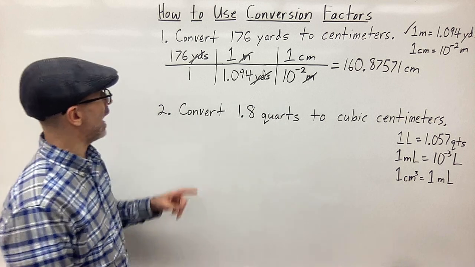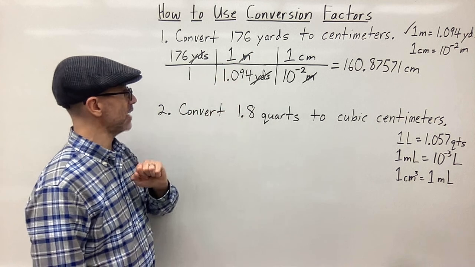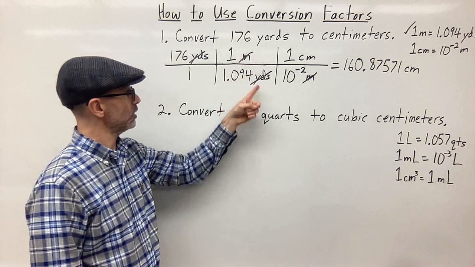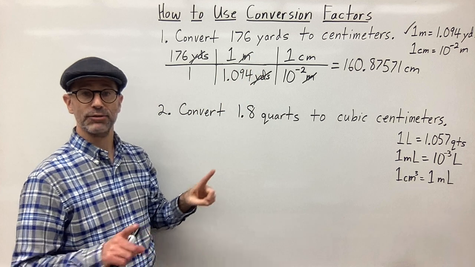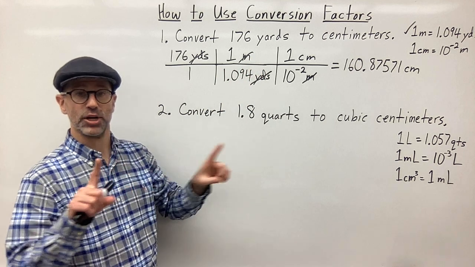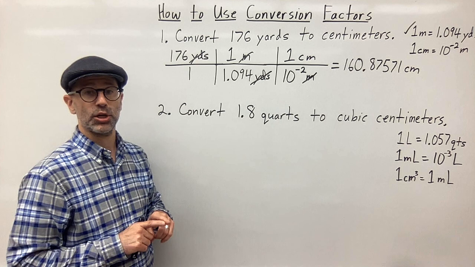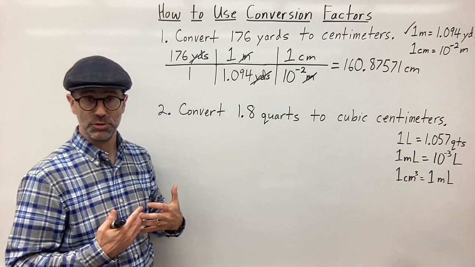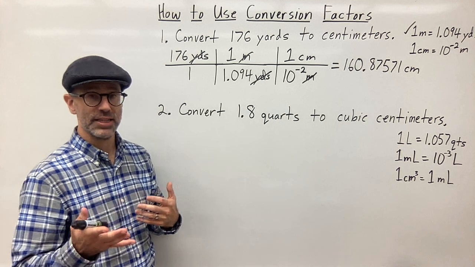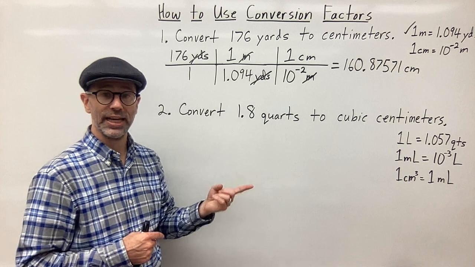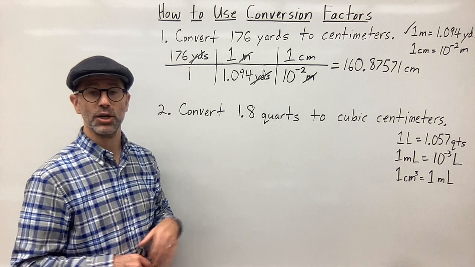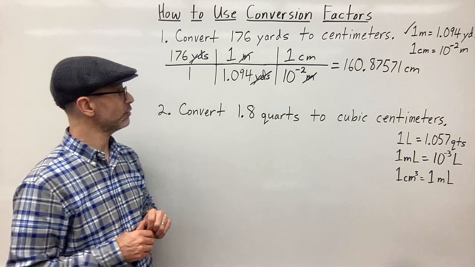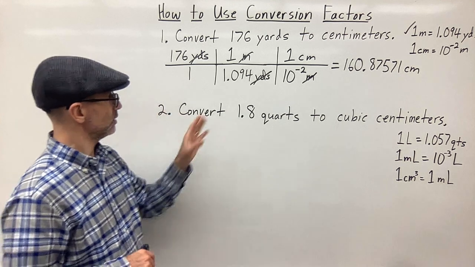Now, this relationship here is not exact. We have meters to yards. Anytime you have two systems, English and metric, together, that's going to be a measurement. It's not exact. There's one exception to that: 1 inch is equal to 2.54 centimeters. That's defined to be the case. Other than that, not exact.